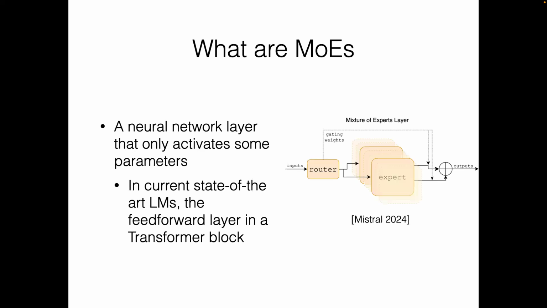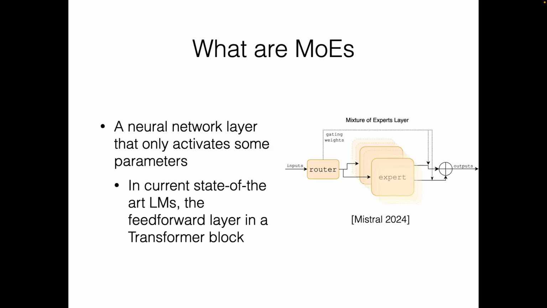Okay, so what are mixture of experts? Again, still at a high level, it's some neural network layer that only activates some parameters. Now, if you go back and read the papers, even the early language model mixture of experts papers from Google, say 2017, they reference other things called mixture of experts from 2013 and 2016.